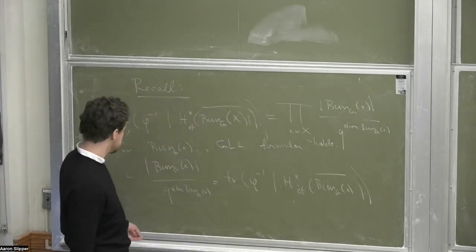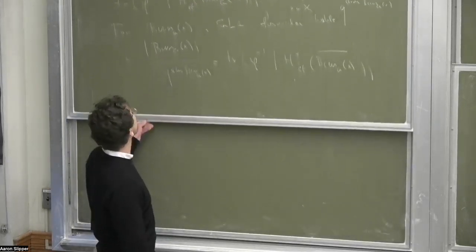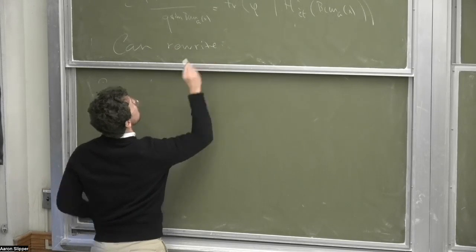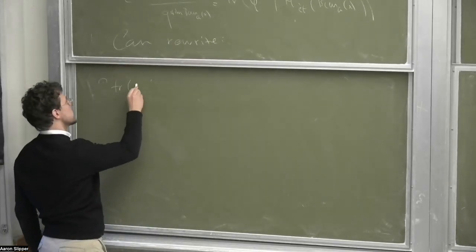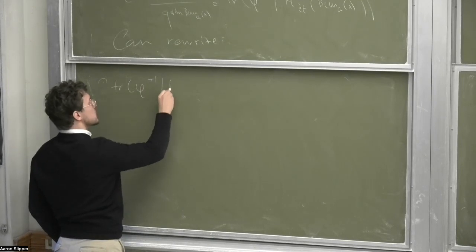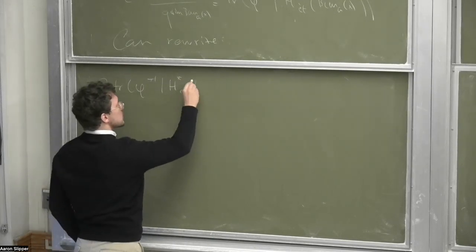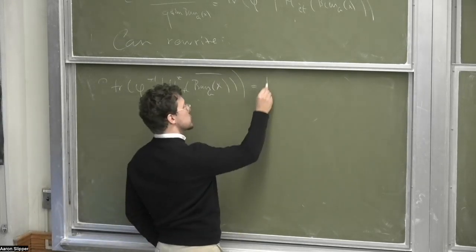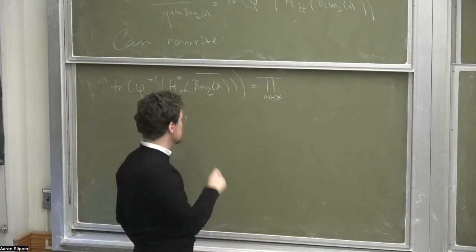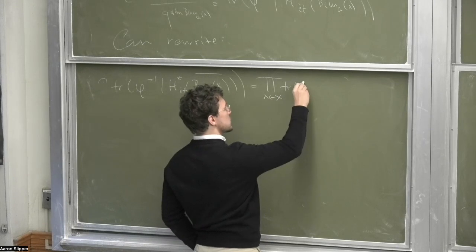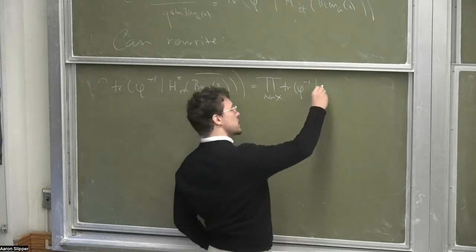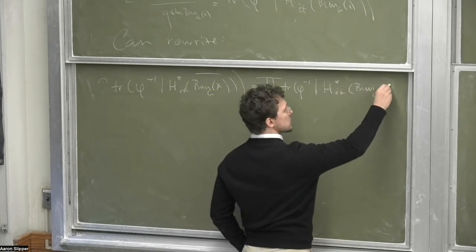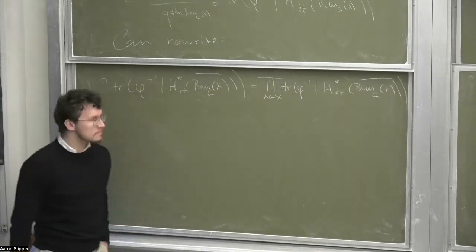Right? Okay. The statement is as follows. First, Bun_G of X is the product over all points of the traces of geometric Frobenius acting on the cohomologies of these classifying stacks.